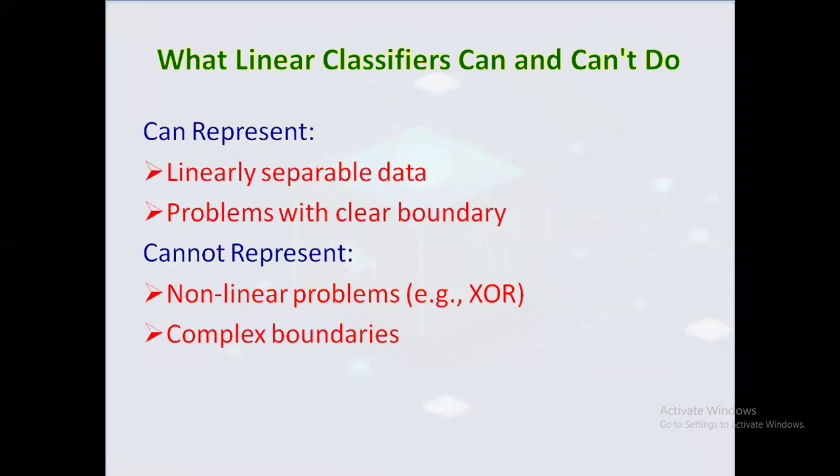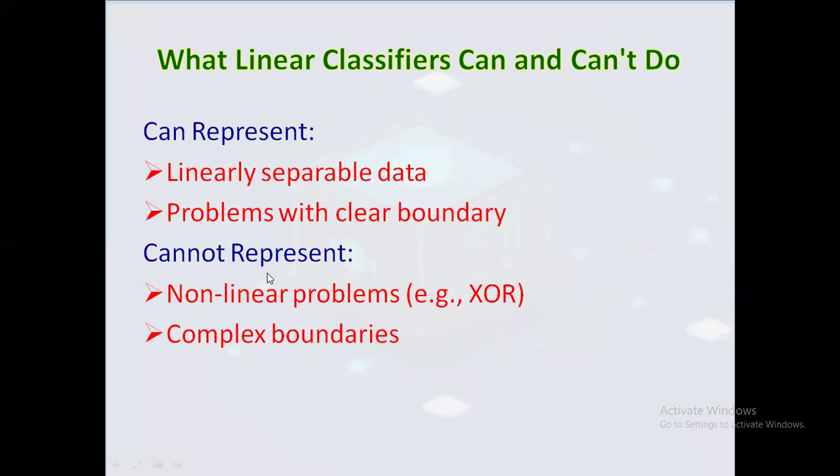Next, what is a linear classifier and what can it and can it not do? That we'll see. Linear classifiers perform well on problems where data can be separated by a straight line or plane. These include linearly separable data sets with clearly defined boundaries. They are efficient and easy to implement for straightforward problems with clear divisions between classes.